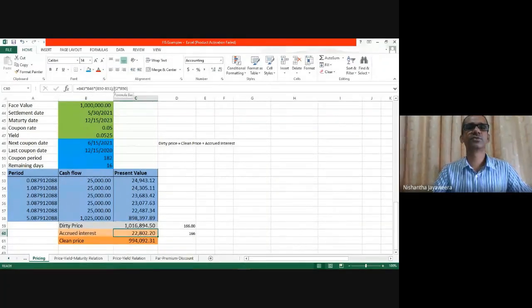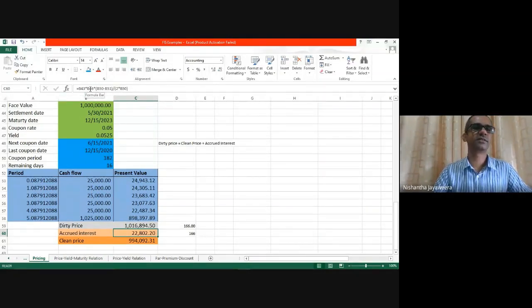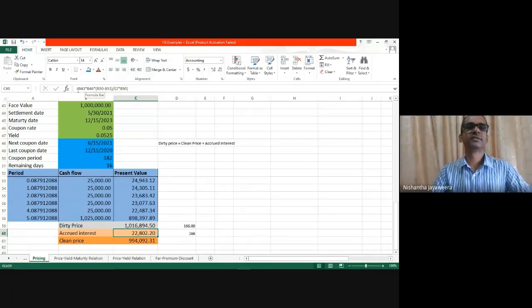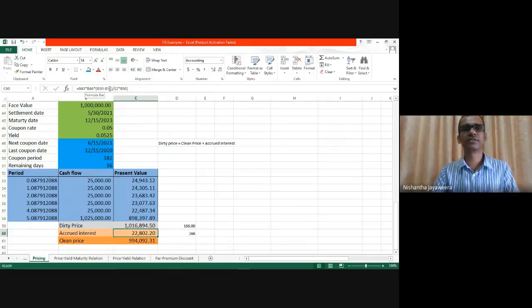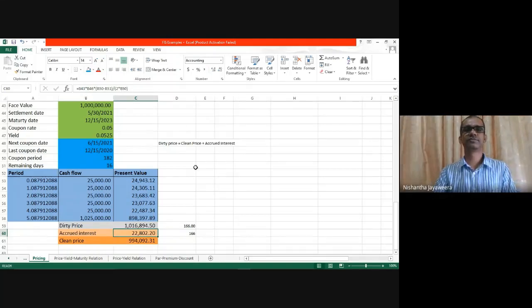This is coupon rate divided by 2. Somewhere here the B46 is the coupon rate. So this is the face value, this is the coupon rate, this is the number of days in between last coupon and the settlement date, divided by 2, multiplied by 182, the number of days between 2 coupons.